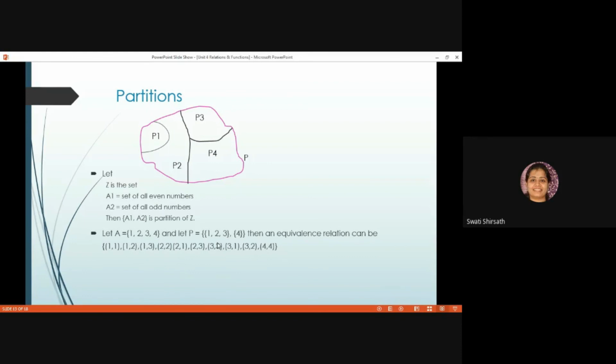So it should not be that I take a combination of 1 and 4. I cannot do that because 1 belongs to one partition and 4 belongs to a different partition. So if 1, 2, 3 belong to one partition, I can write all possible ordered pairs of 1, 2, 3.